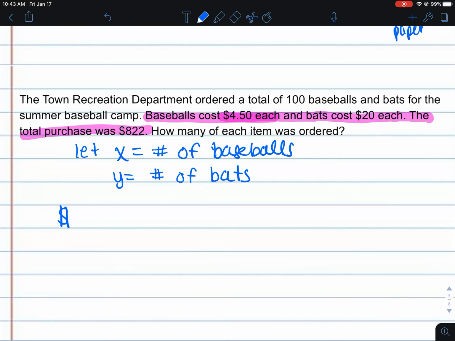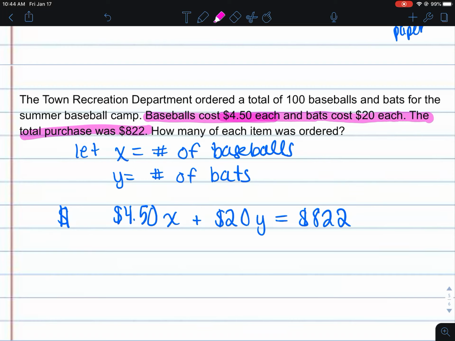So if I translate that, I'm going to take $4.50 times the number of baseballs, so x, plus $20 times the number of bats, which is y, is equal to $822. So just think about that logically. That makes sense, right? However many baseballs multiplied by 4.50, however many bats multiplied by 20. When I add the total cost of everything, it's going to be $822.